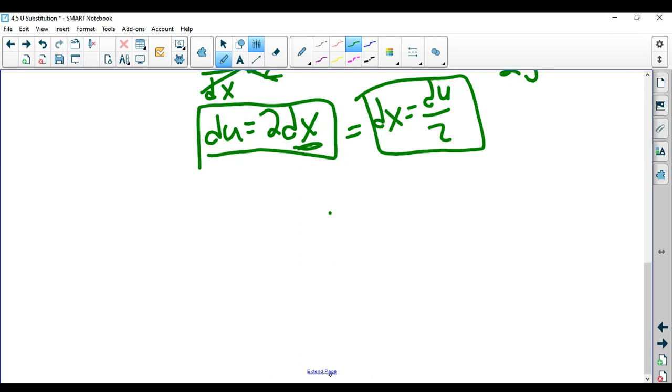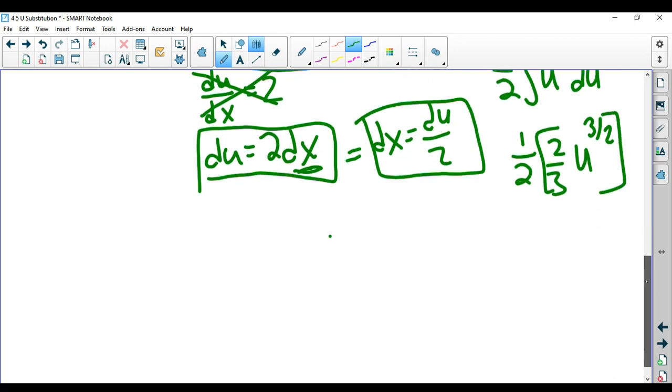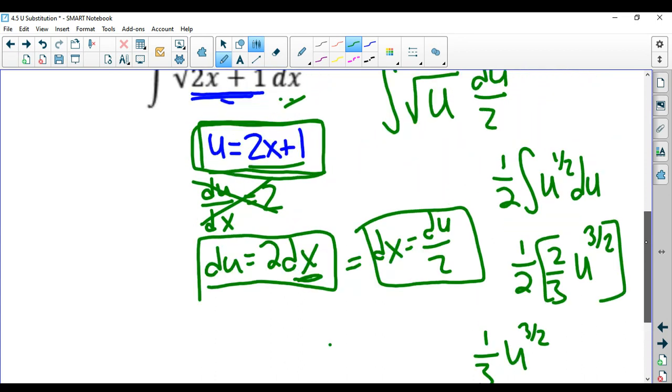So now I'm going to integrate. Add 1. Multiply by the reciprocal. 1/2 times 2/3 is 1/3. u to the 3 halves. Make sure you plug the u back in.